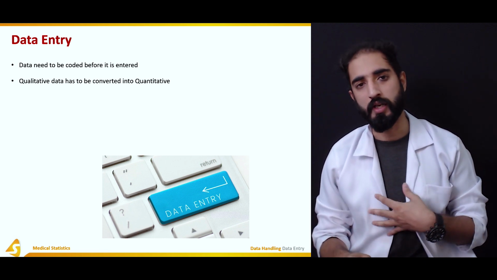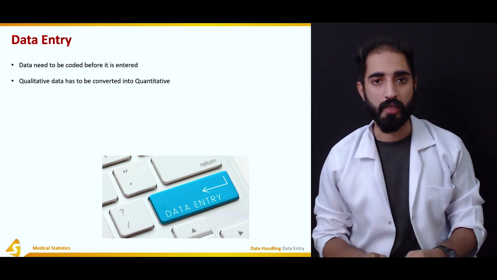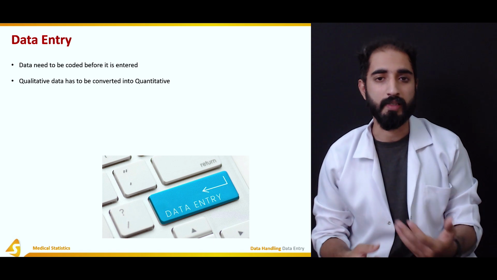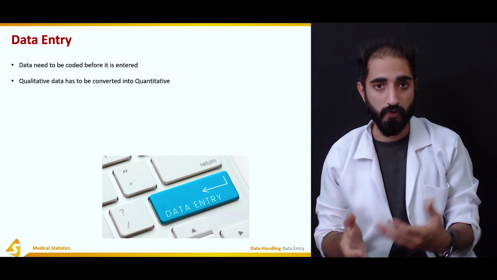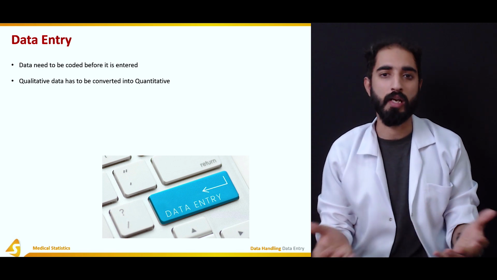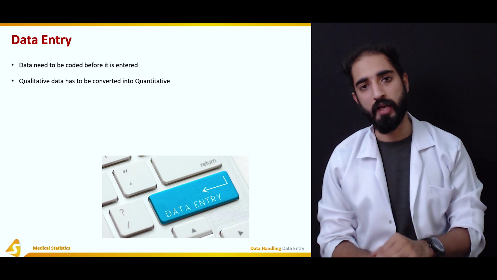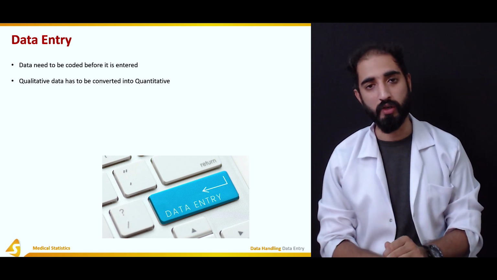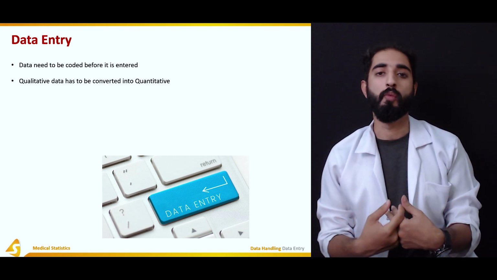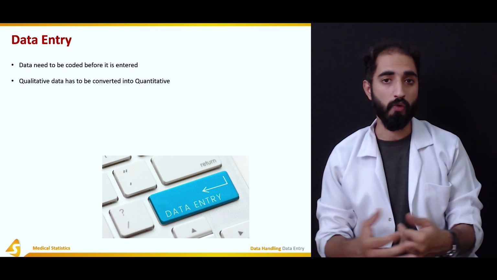Qualitative data is, for example, gender, either male or female. It has a qualitative response in the form of a string, either male or female, because being male or being female is a quality of an individual. But when we are analyzing it in SPSS, we need to convert it into a form which SPSS can better analyze, and that would be quantitative.